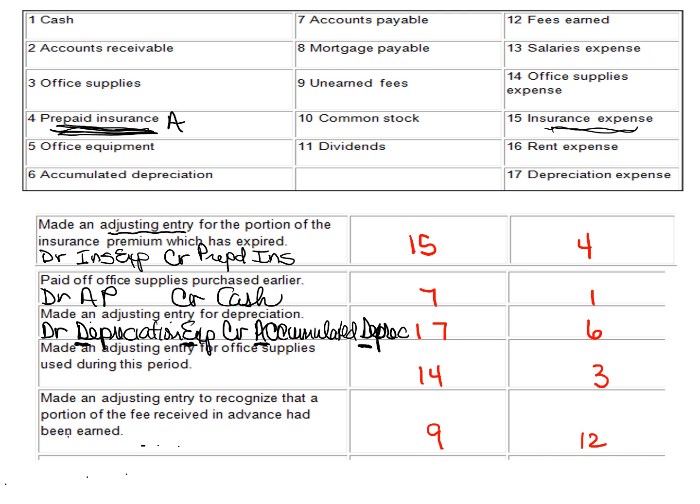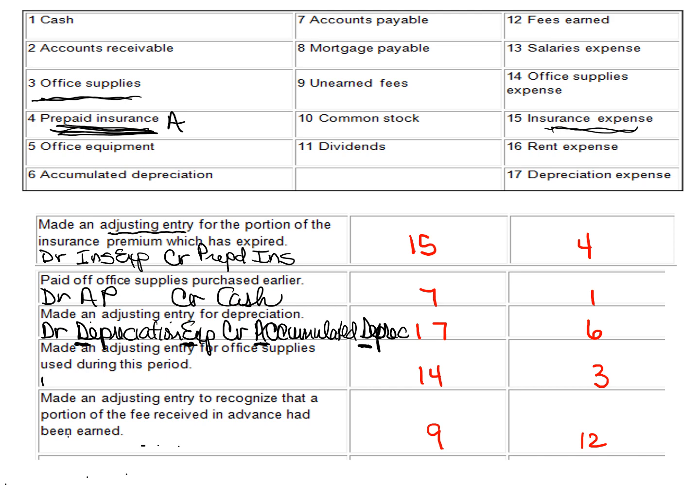Make an adjusting entry for office supplies used during the period. That means, remember those office supplies we purchased that are sitting there in an asset saying, I have future or potential value. Well, you don't make a journal entry every time you go to the supply cabinet, you just use the supplies. So at the end of the period, we see what's left in the supply cabinet, and we adjust the asset account, office supplies, for what's not there anymore.